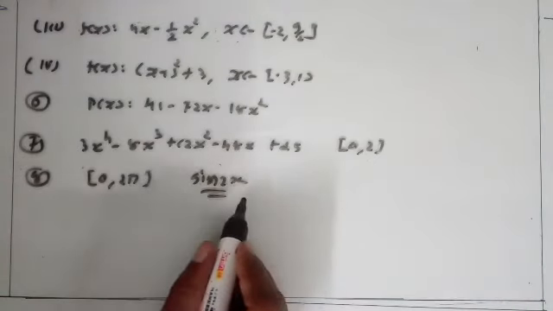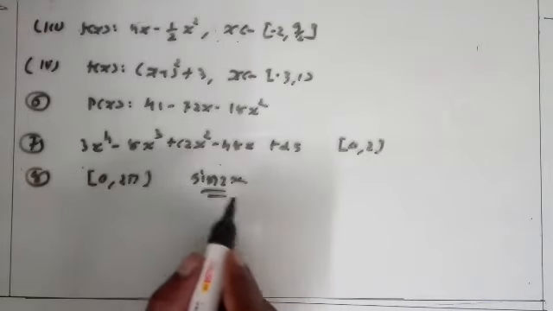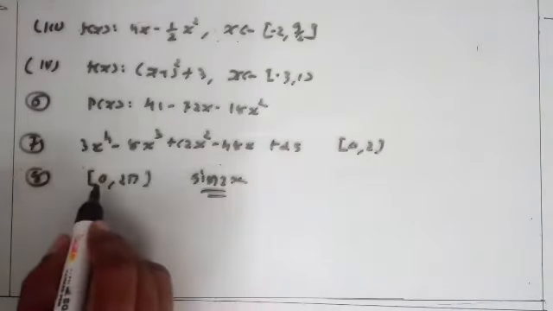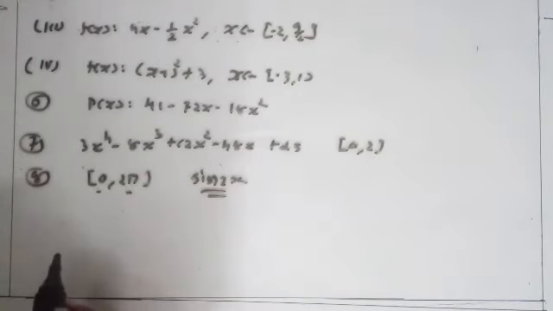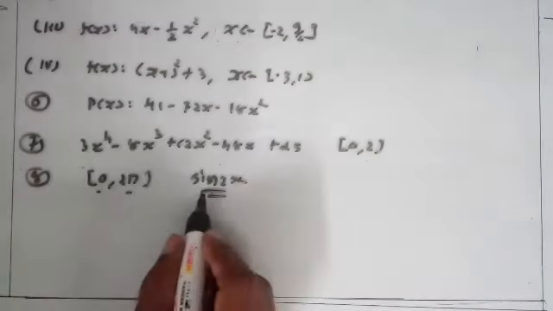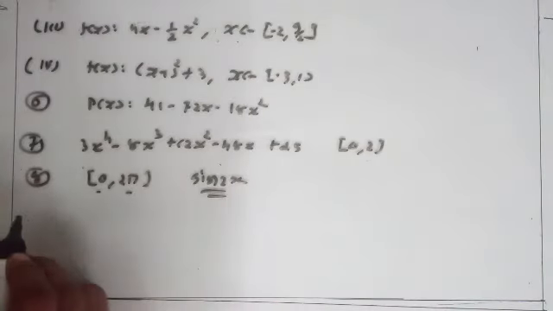First derivative, compare with 0, get the value of x, find the value of the function at this value of x and at 0 and 2 pi, and compare to get the point where this function attains its maximum.